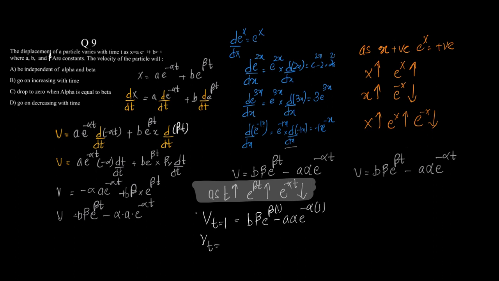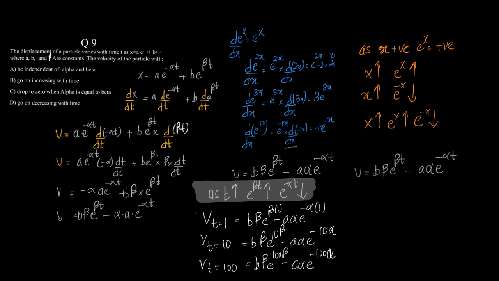Similarly, when t is equal to say 10, this will be equal to b into beta into e raised to 10 beta minus a into alpha into e raised to minus 10 alpha. Let us take one more example. Say v at t equal to 100 is equal to b into beta into e raised to 100 beta minus a into alpha into e raised to minus 100 alpha.